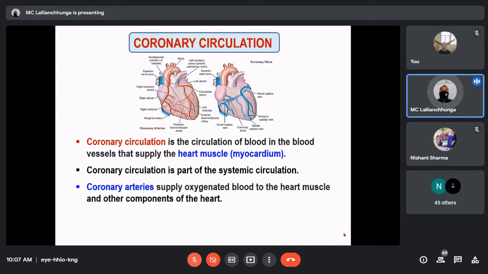Just like other circulatory systems, these coronary arteries carry oxygenated blood and supply it to the heart muscles and other components, like the fibrous tissue of the heart, as well as the septa, which are also supplied with blood coming from the coronary arteries.